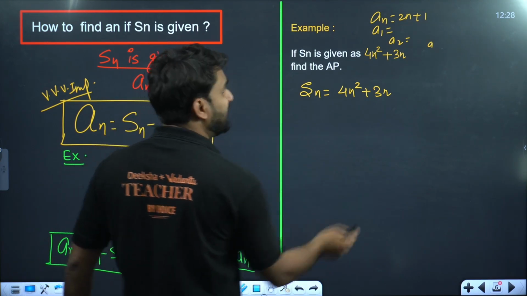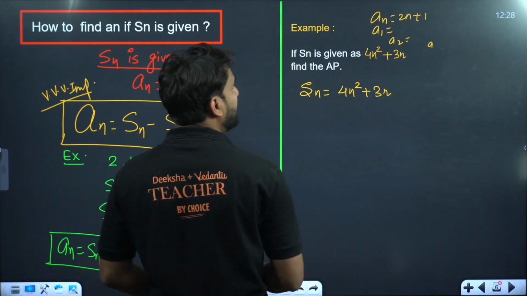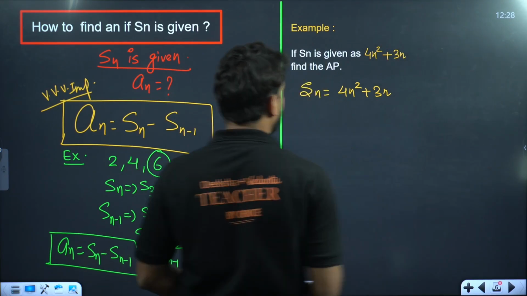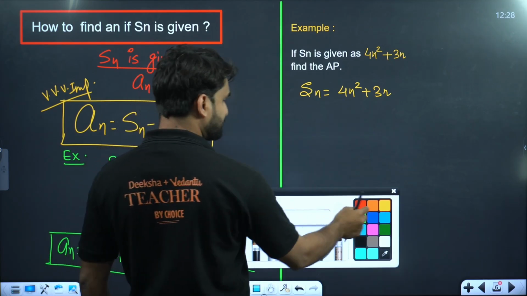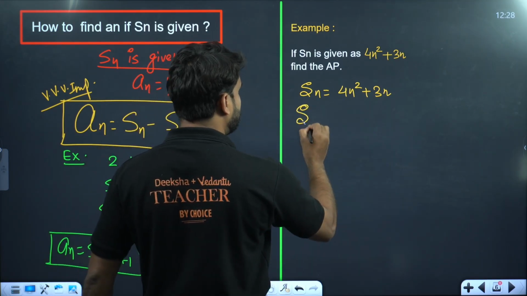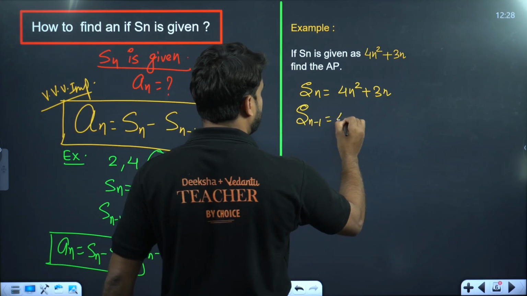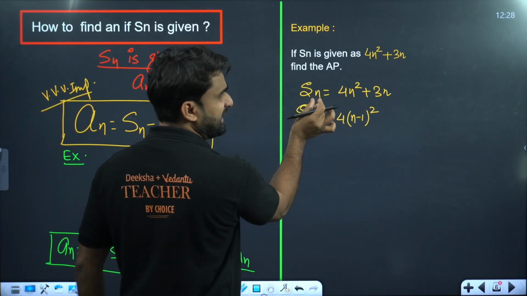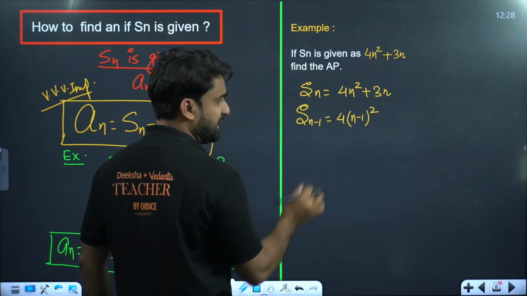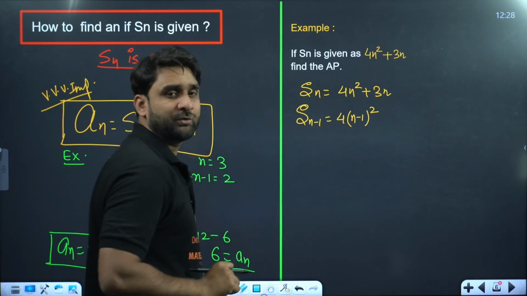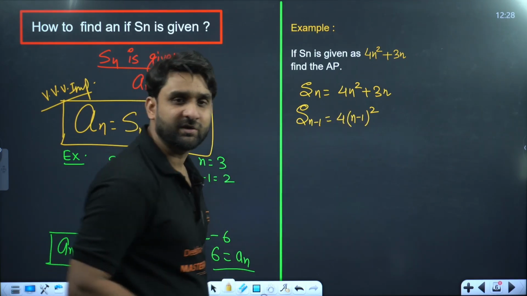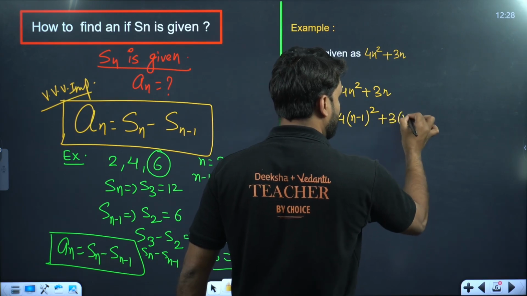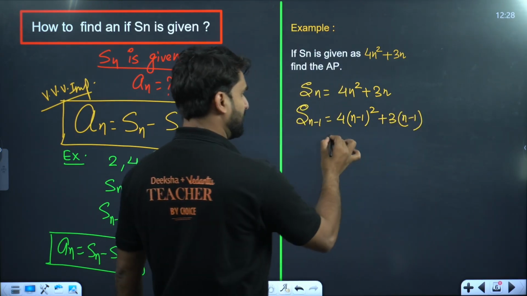So let's target first the nth term format. Sn is given here. So what will be Sn minus 1? In place of n we can put n minus 1. So 4 into n minus 1 whole square will come, and similarly 3 into n minus 1. Now solve this.